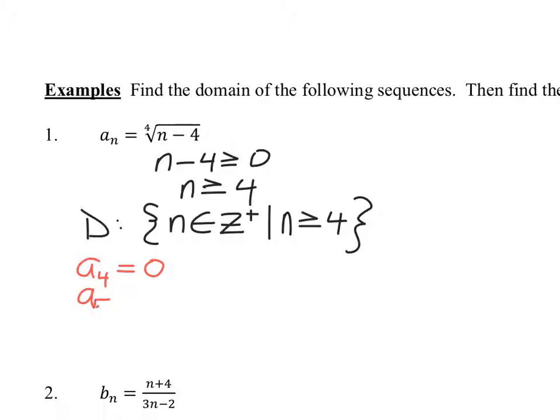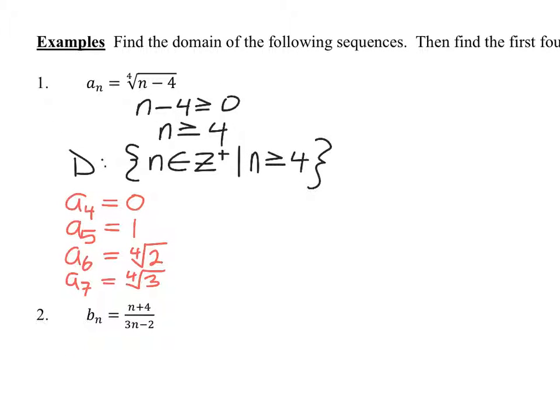Then a sub 5, which gives me a result of 1. A sub 6, which gives me the 4th root of 2, and a sub 7, which gives me the 4th root of 3. So did I actually need to state the domain in order to make that realization? No, but it didn't hurt.